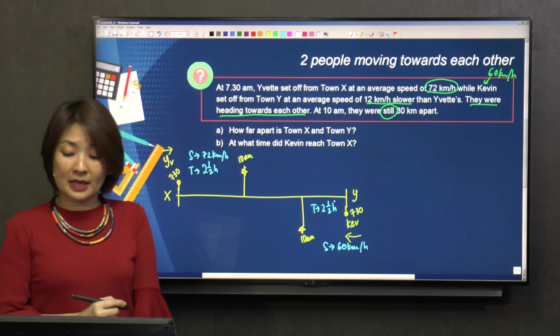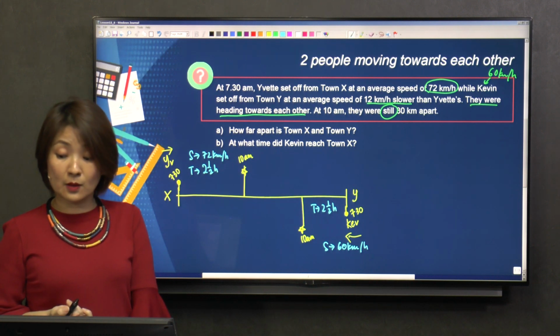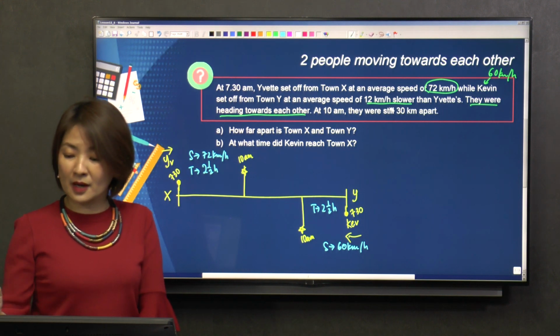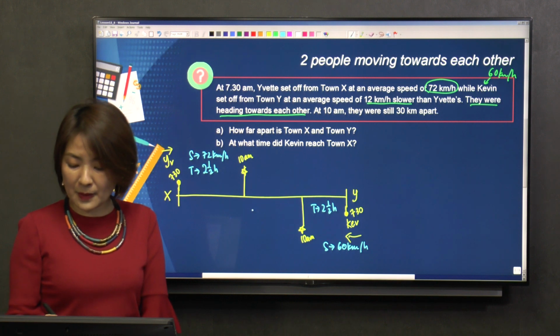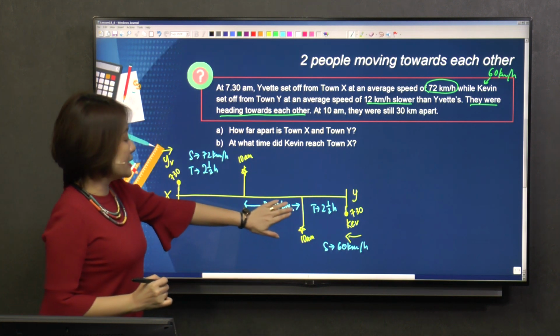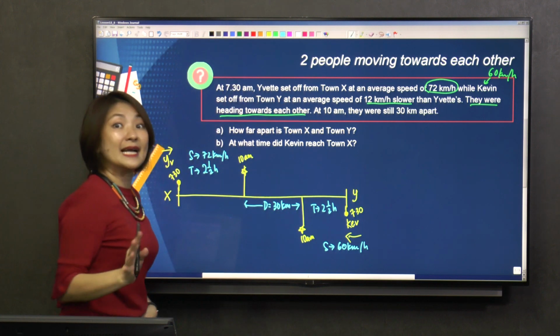All right. Now, then they say they were still 30 kilometers apart. So where is that? So 30 kilometers apart would be here. Distance 30 kilometers. Like this. Okay. So that's how far away. They can't see each other yet, no? Even if they wave at each other, they can't see each other yet.